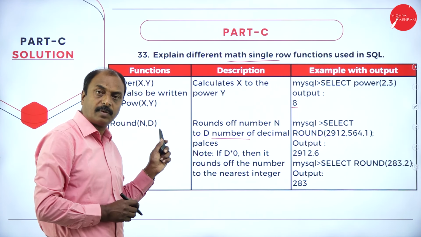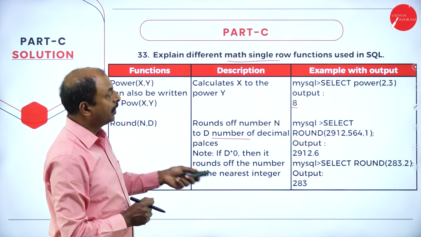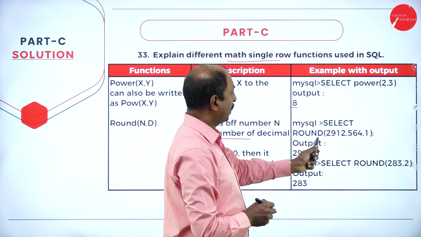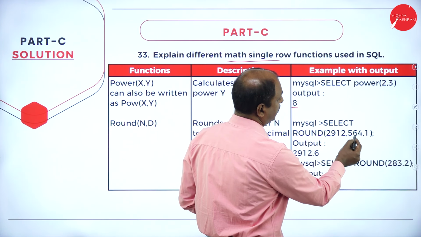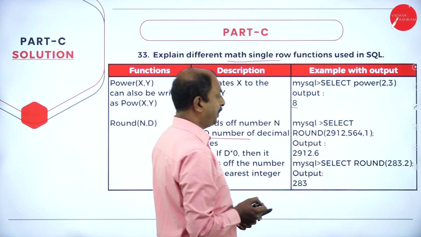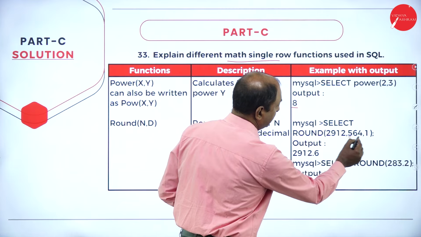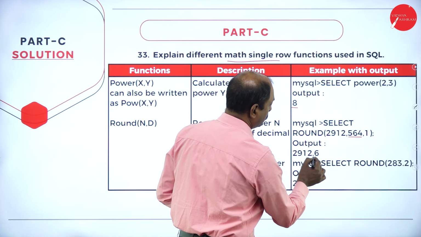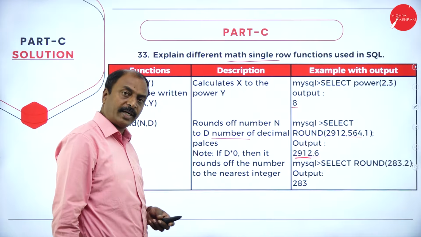Here d stands for the number of decimal places and n stands for the number given. For example, SELECT ROUND(2912.564, 1), and the output is 2912.6. So this is the round function.